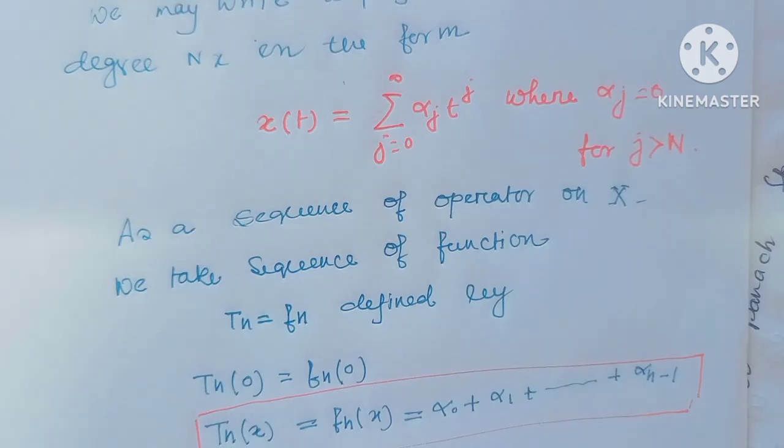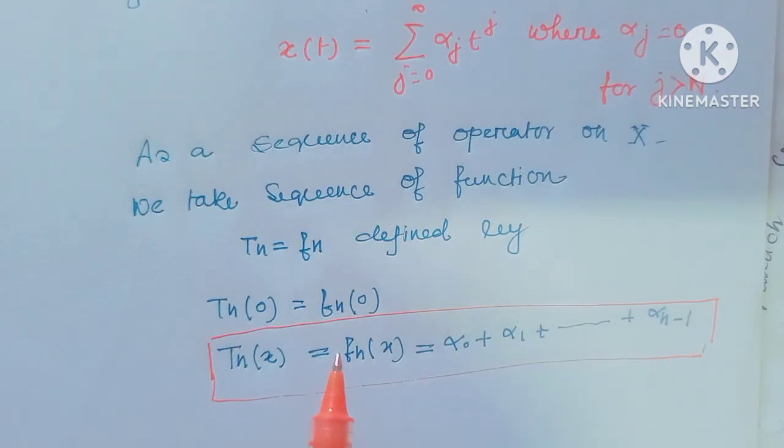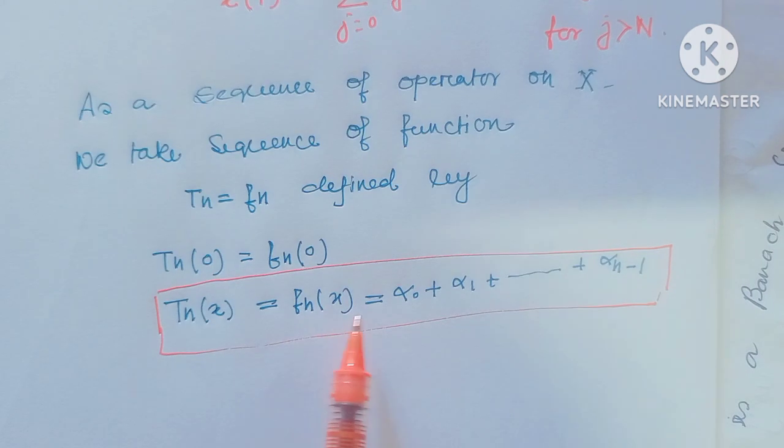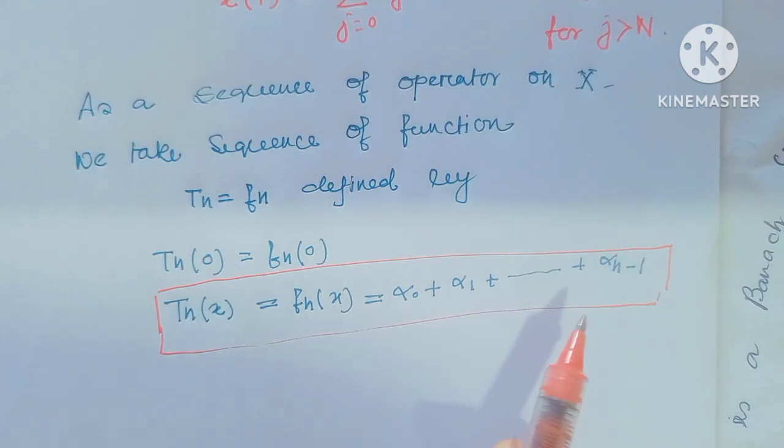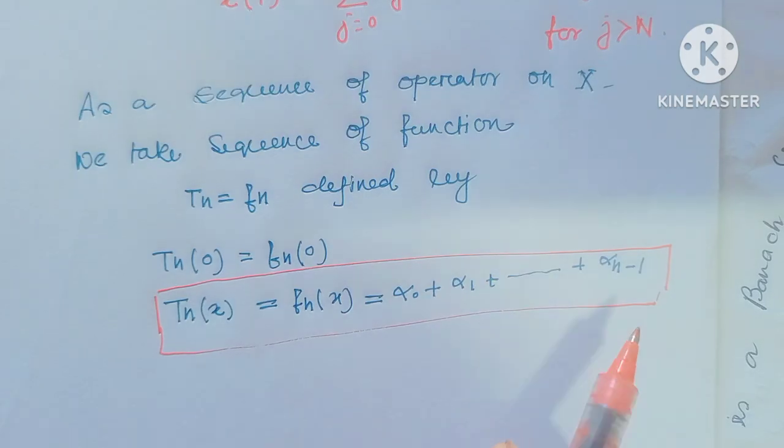As a sequence of operators on X, we take a sequence of functionals Tn equal to Fn defined by Tn 0 equal to Fn 0 and Tn x equal to Fn x equal to alpha naught plus alpha 1 up to alpha n minus 1.